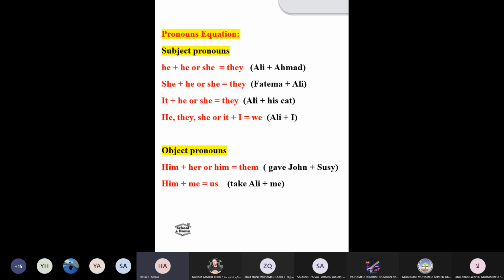That means when I give the example, take Ali and me, that means take us. This is the pronouns equation for that lesson, guys. When you understand this equation, in an easier way you can use the suitable pronoun for the two nouns you have in the sentence, even subject or object.